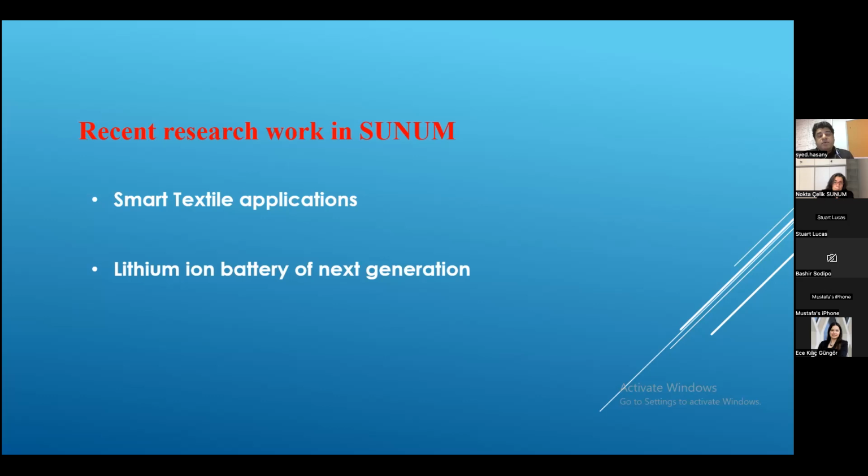For that purpose, we are trying to modify the graphite material with certain other oxide-based materials to find out their long cycle life and their high density as well. So at the moment, I'm working on smart textile applications and on producing high density anodes for lithium battery cells.